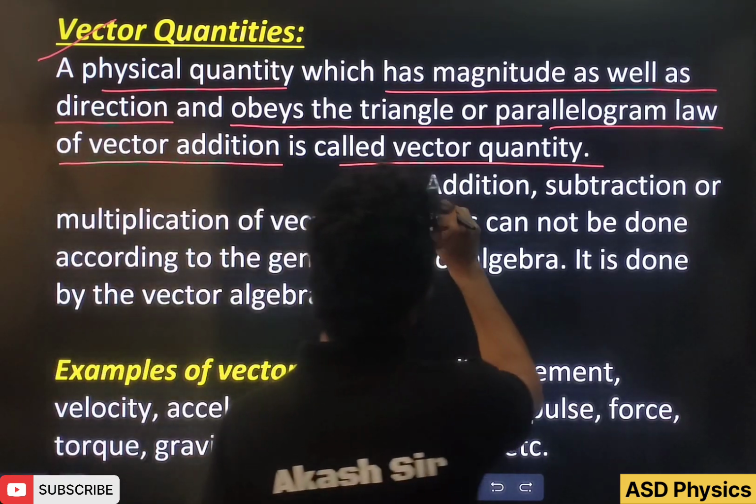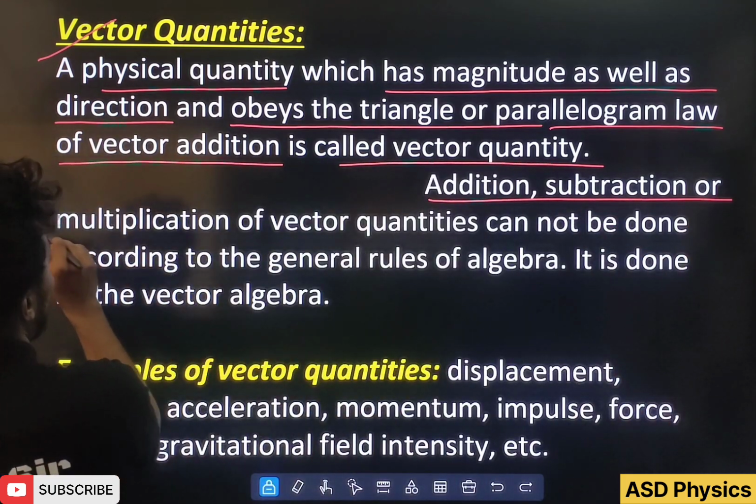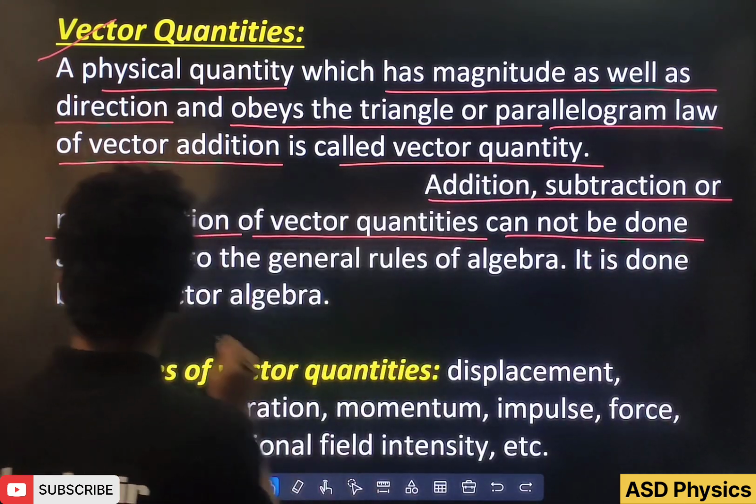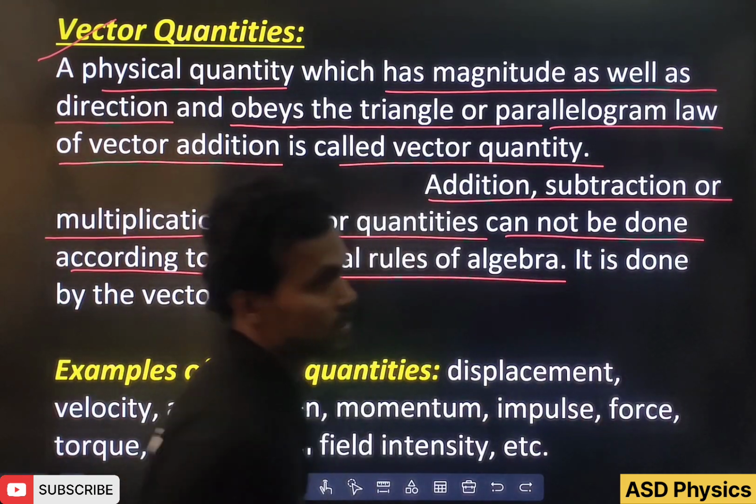Now, addition, subtraction or multiplication of vector quantities cannot be done according to the general rules of algebra. Then what to do?